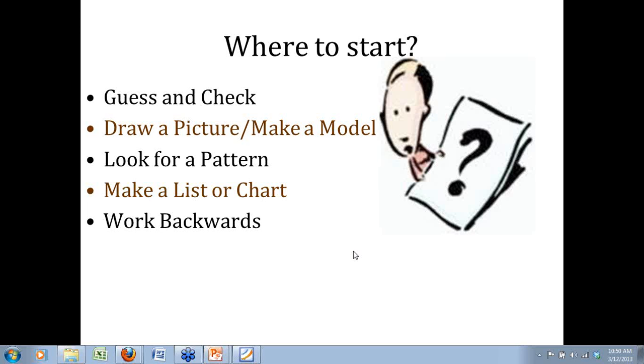Has anyone done anything specifically with that scenario? Unfortunately, I'm not seeing any hands raised. Kathleen, do you have any thoughts on that? Any of our tools that we've talked about today that could help?